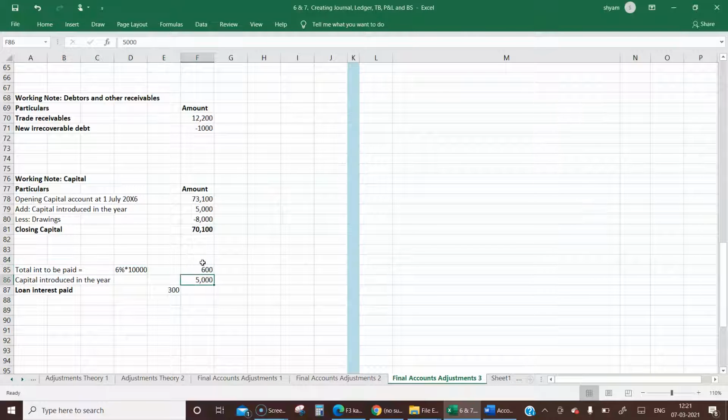And the loan interest that has been paid is 300. So the balance 300 is unpaid. That's the outstanding loan interest.